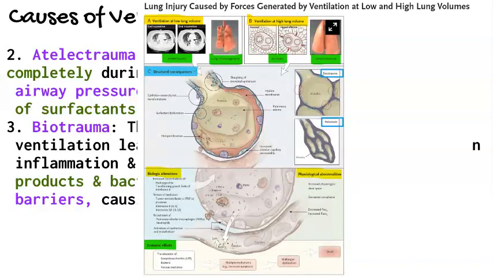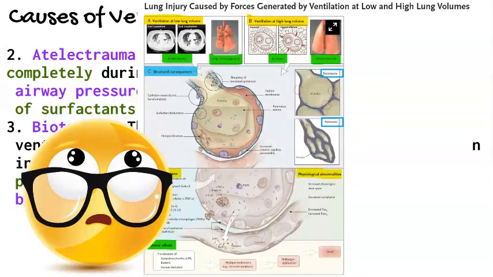All this will cause an increase in physiological dead space, decreased compliance, decreased PaO2, increased PaCO2. Systemic effects include translocation of lipopolysaccharides, bacteria, various mediators, that through multiple mechanisms will increase apoptosis and multi-organ dysfunction, and finally, death.